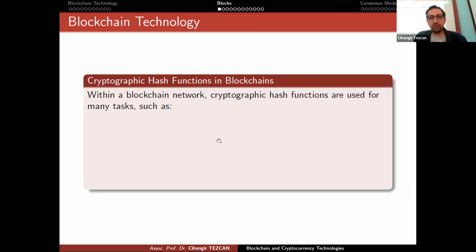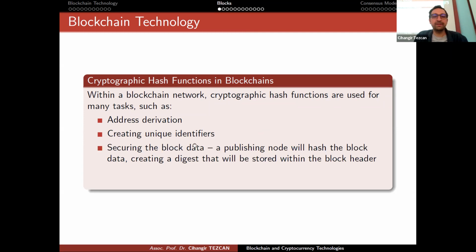Within a blockchain network, cryptographic hash functions are used for many tasks such as address derivation, creating unique identifiers, securing the block data. Here, a publishing node will hash the block data, creating a digest that will be stored within the block header. So there are different ways of doing it.